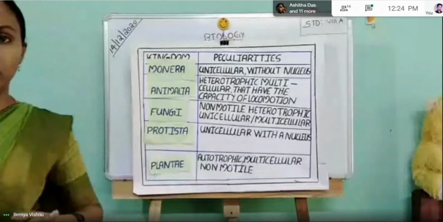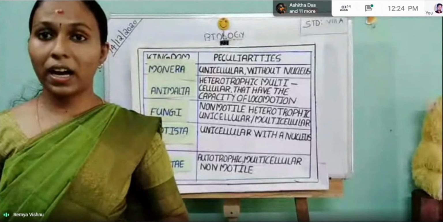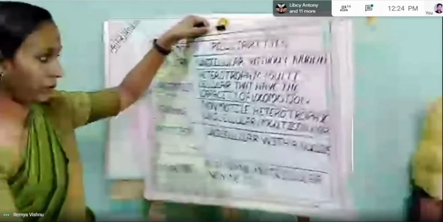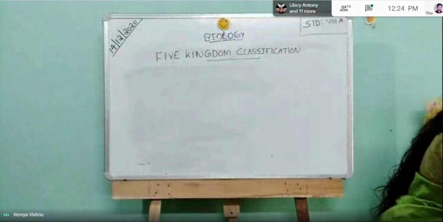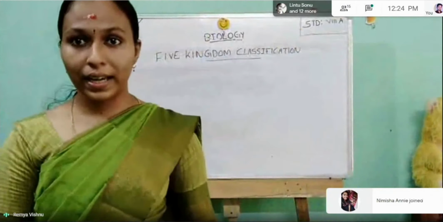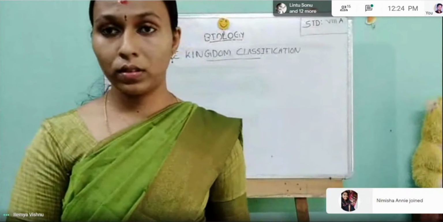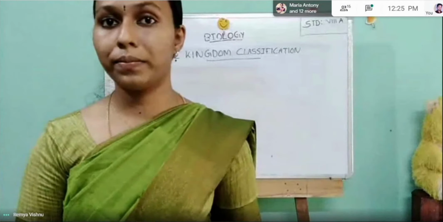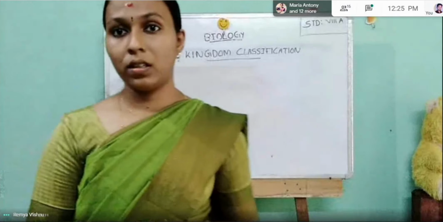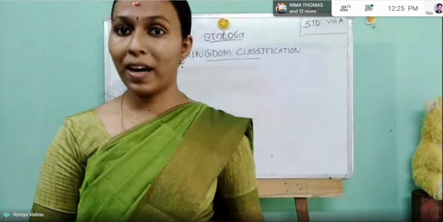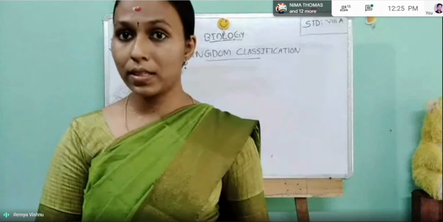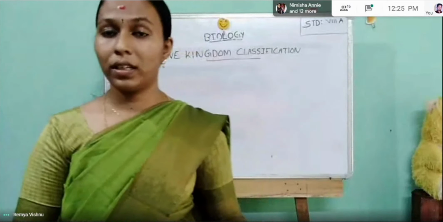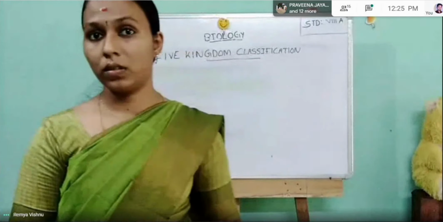Okay. Take your science diary and write down the homework question. Write a note on five kingdom classification. And the second question is, find more examples of each kingdom. Okay, very good.